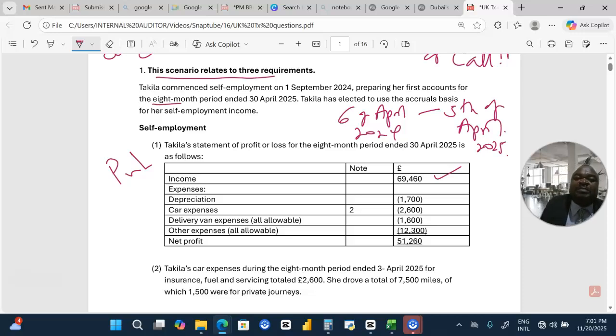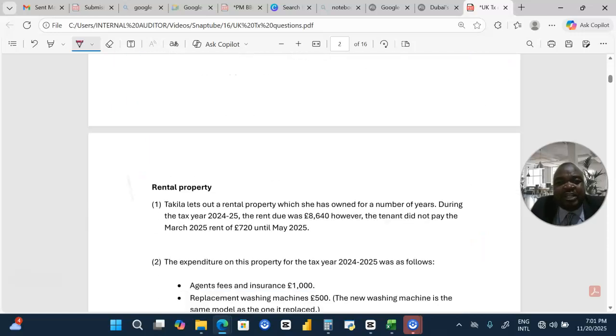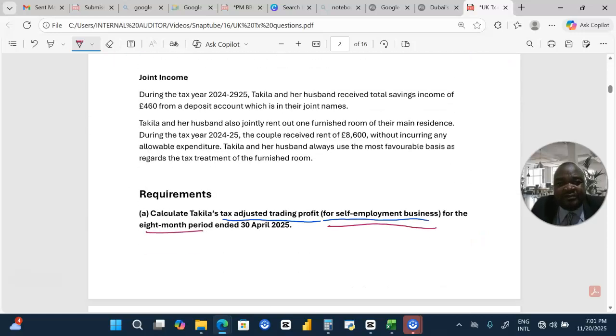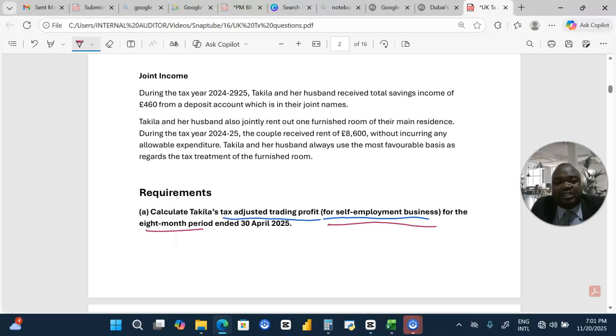So, the first expense we are given is depreciation. And we know at this level that depreciation is not allowable. But we are told that the accountant, when arriving at the figure there, which we are required to use, remember the note here, the note was saying we need to use that figure when we do our computation.